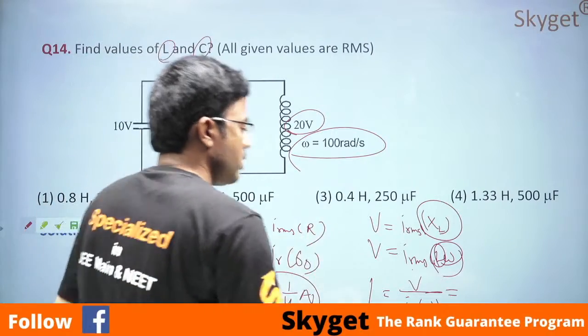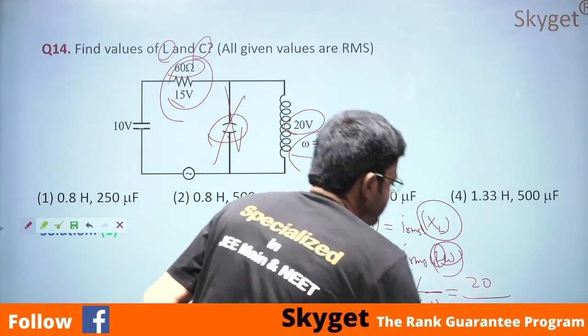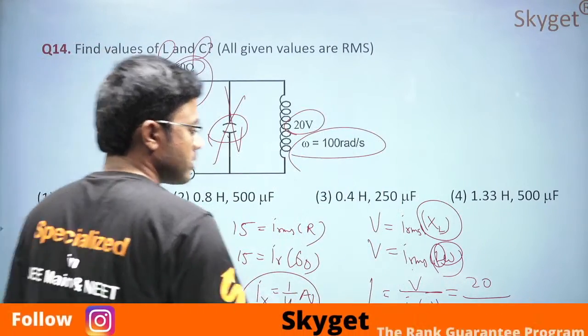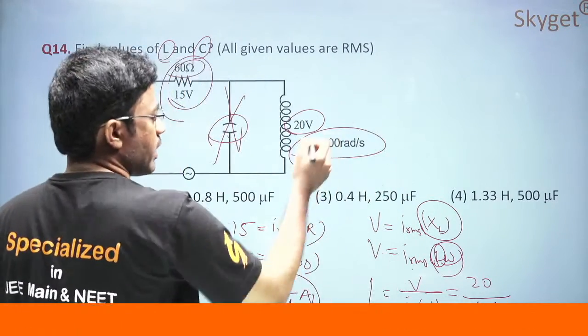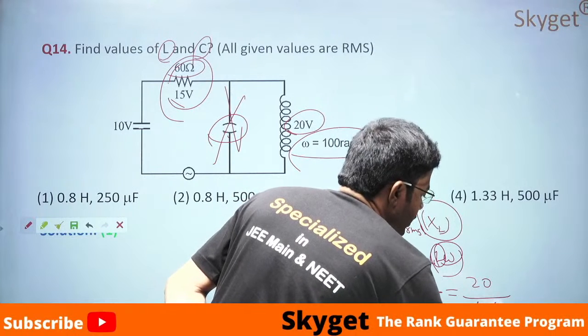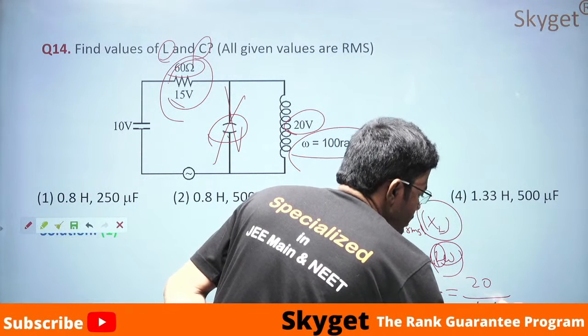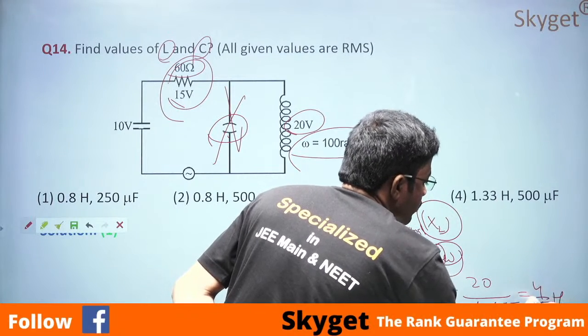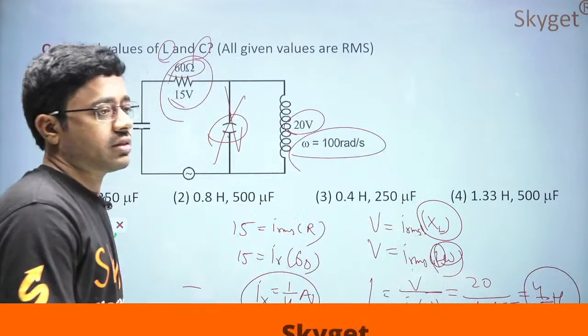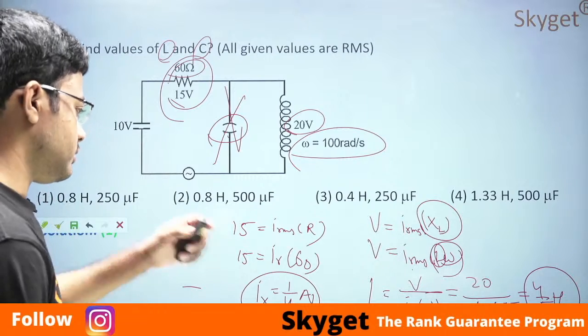So V across the inductor is 20, and the IRMS what we got is 1 by 4 or 0.25, and the value of angular frequency omega is 100, that is 25. The inductance is 4 by 5 Henry.